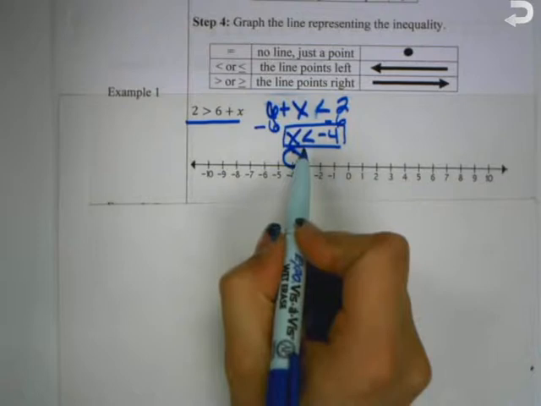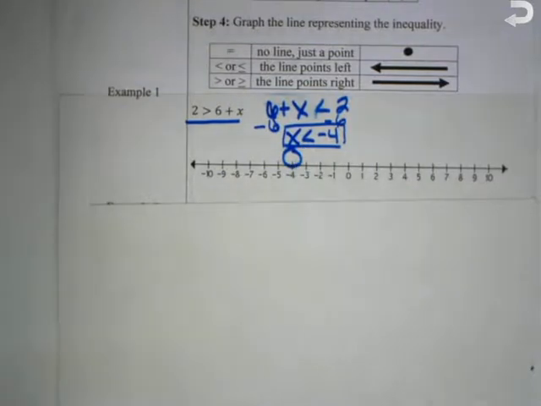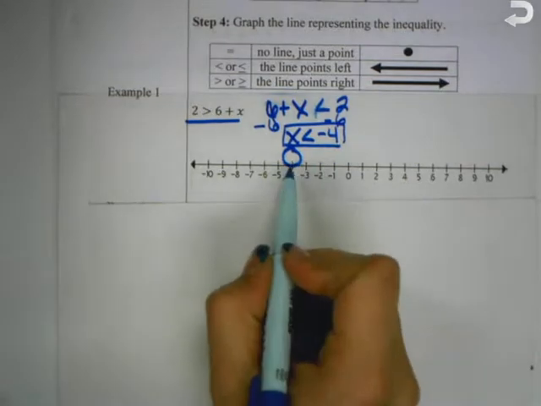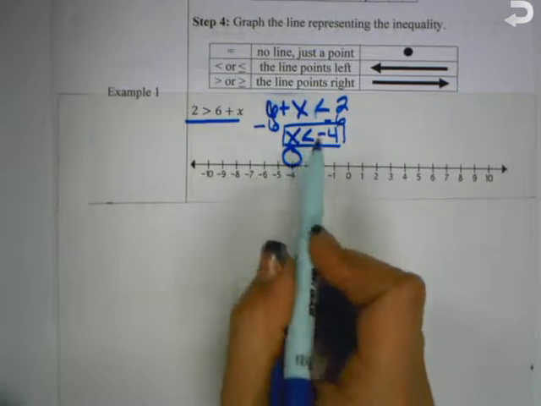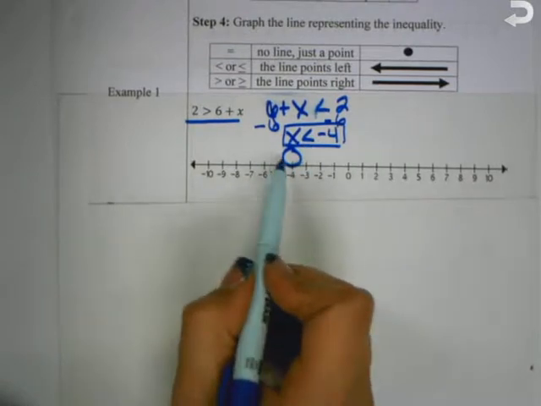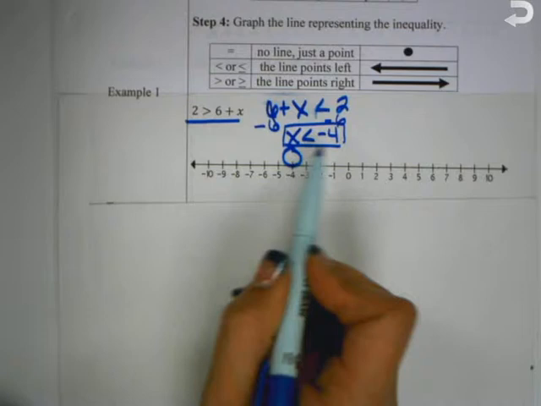So we put the open circle around it as a fence to tell us, I can get as close as I want to negative 4, but I can't actually equal negative 4. And then we have x less than, so am I going to the left or to the right? To the left.